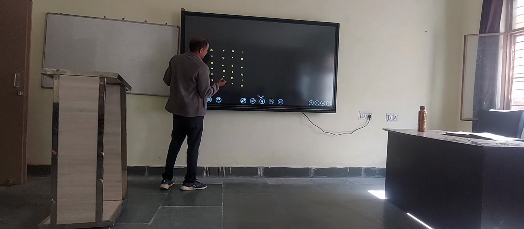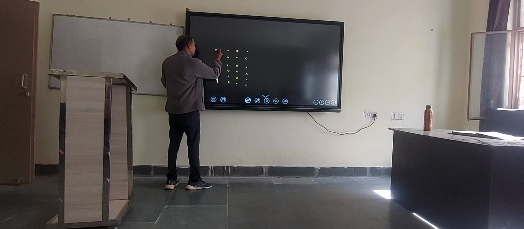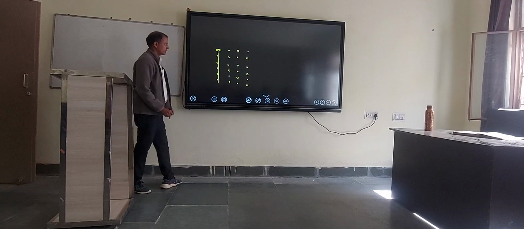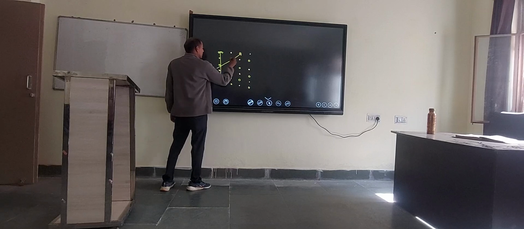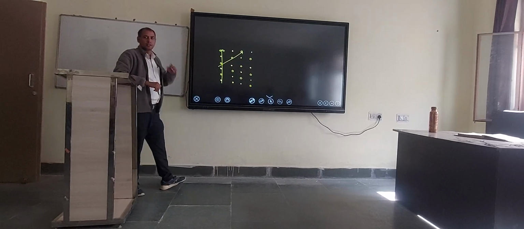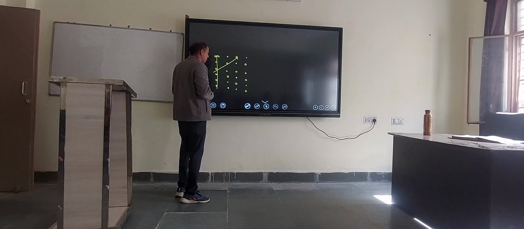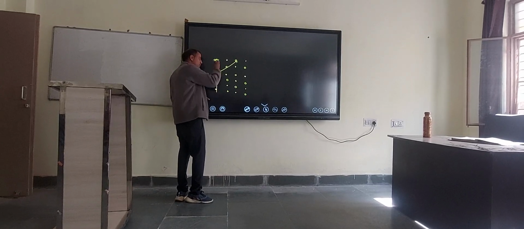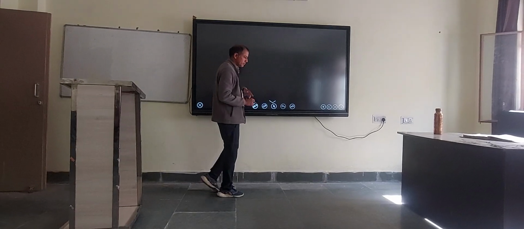Suppose this is anisotropy and this is isotropy. Same molecule, magnetic anisotropy. Isotropy, you can say that. This one is anisotropy of the molecule.